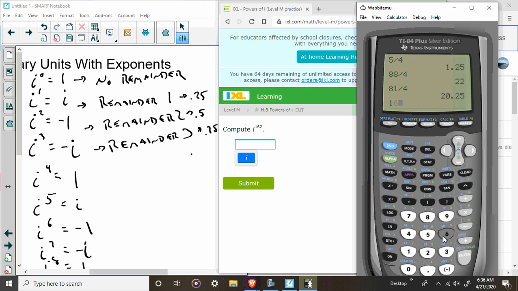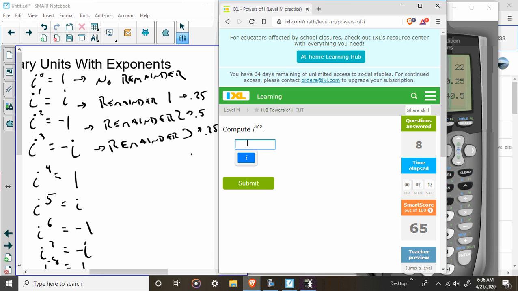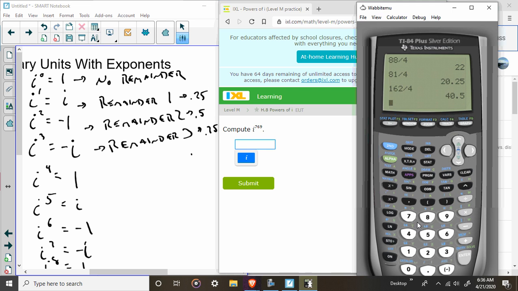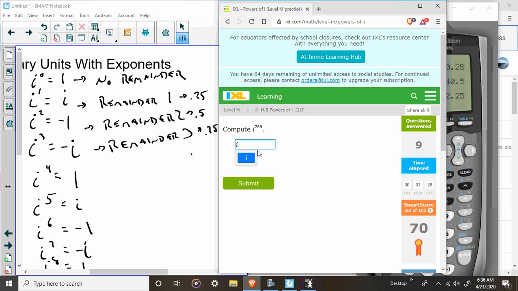They're just going to give you these ridiculous huge numbers. All you need to do is divide them by 4. Nothing crazy. What's your remainder? 0.5. Therefore, your answer is negative 1. 769 divided by 4, pretty straightforward, ends in 0.25, so I think you could just type in i.